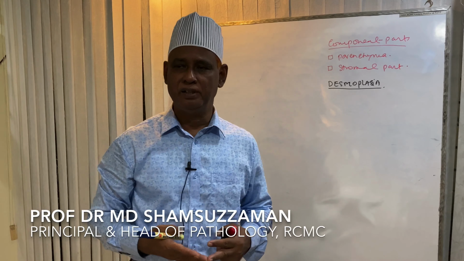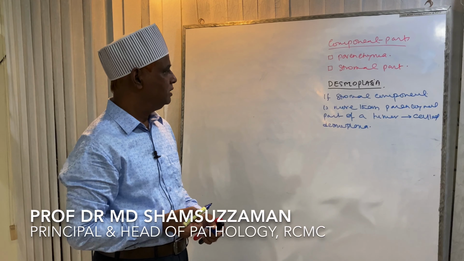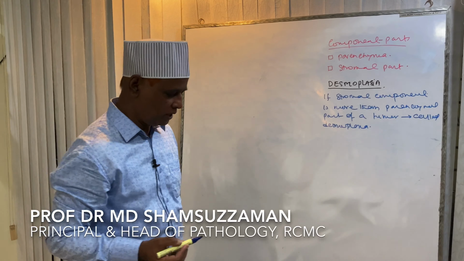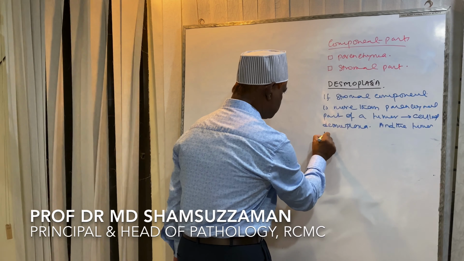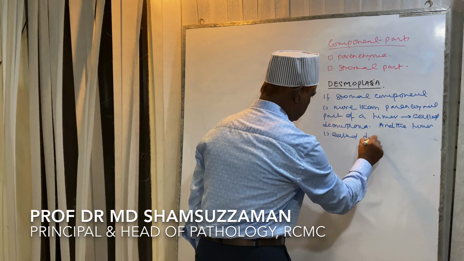And the tumor where there is more stromal part than parenchymal part is called a desmoplastic tumor. So in a desmoplastic tumor, the stromal component is greater than the parenchymal component.